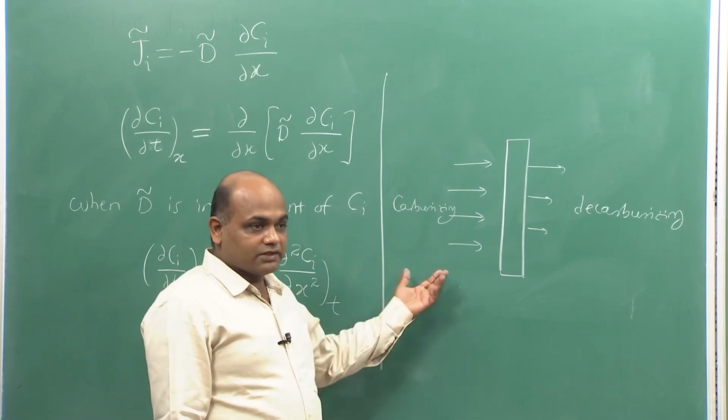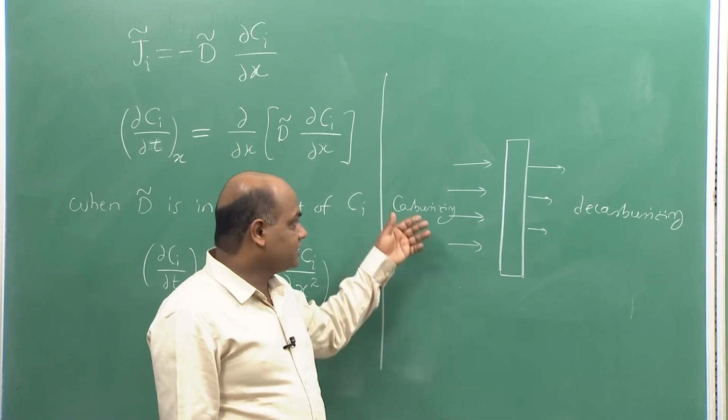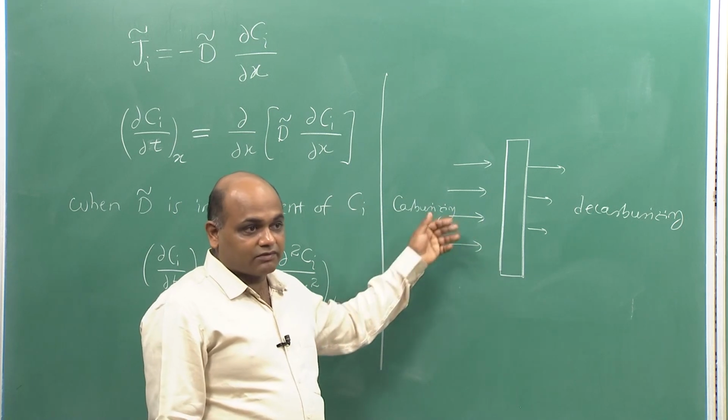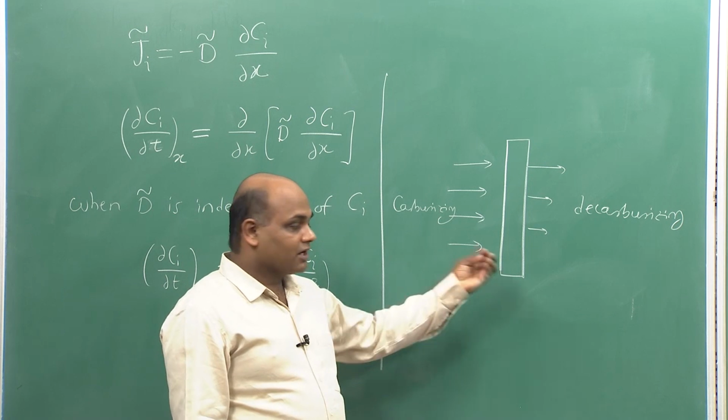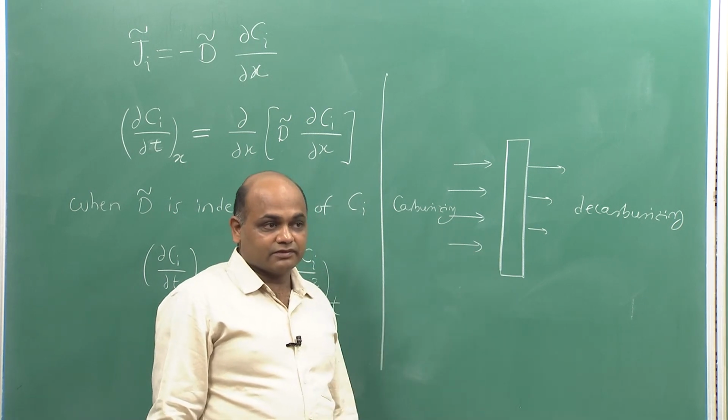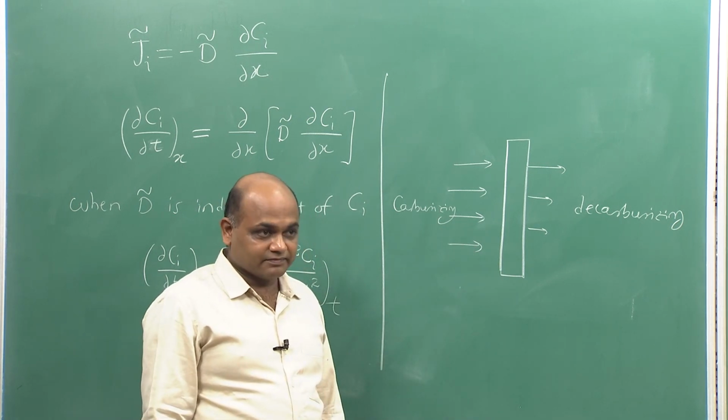You understand carburizing, decarburizing, right? Carburizing is addition of carbon onto the steel surface. Decarburizing means carbon is getting removed from the steel surface.